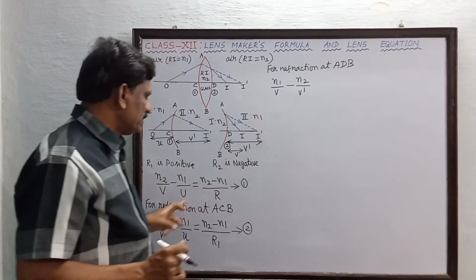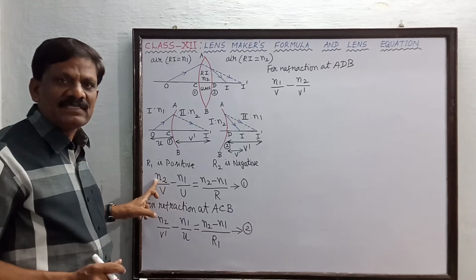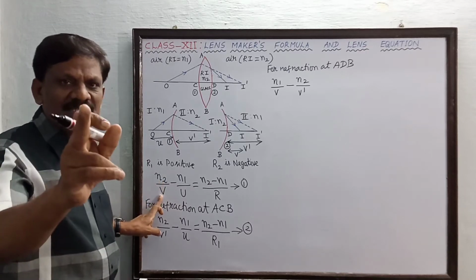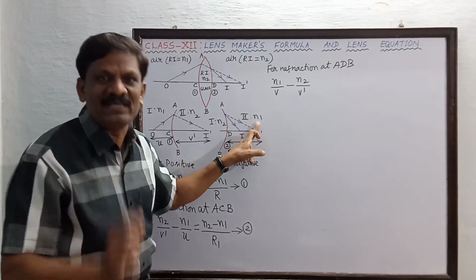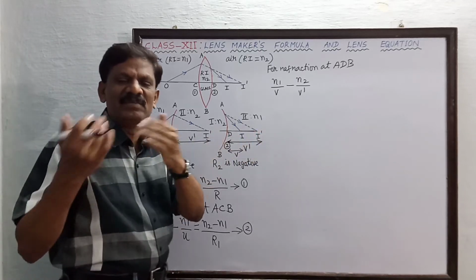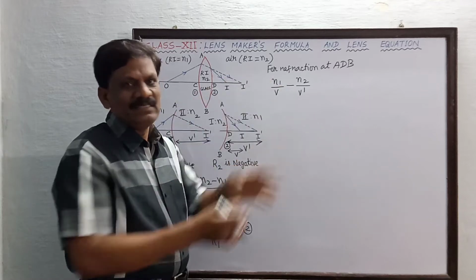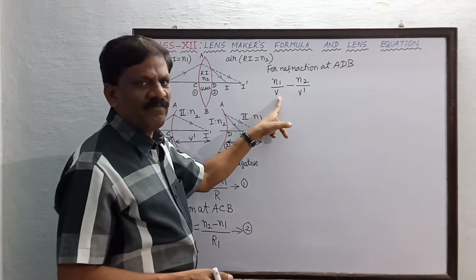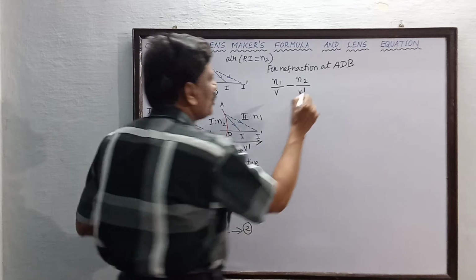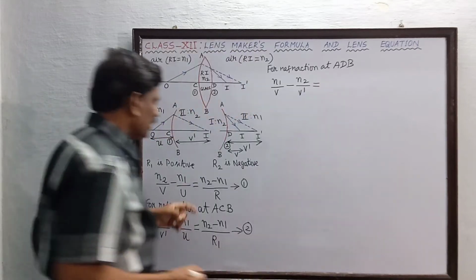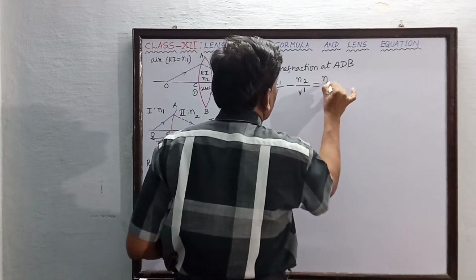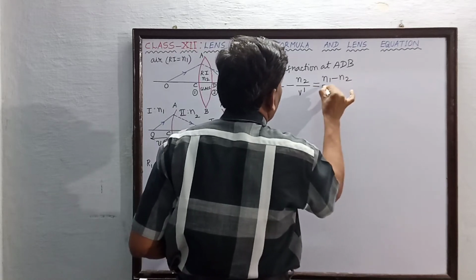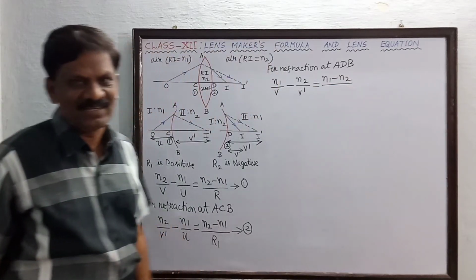So according to our general equation, refractive index of the second medium should be divided by the image distance. So here refractive index of the second medium is n1, because first medium is glass, second medium is air. Okay, n1 by v minus n2 by v dash, and this is equal to refractive index of the second medium minus first medium. So this is n1 minus n2 divided by radius of curvature.